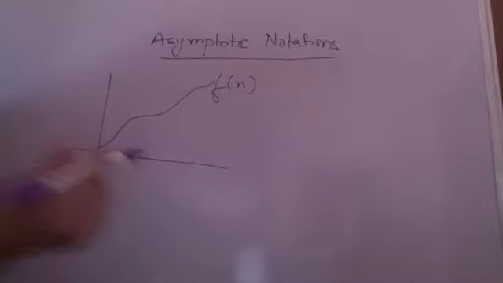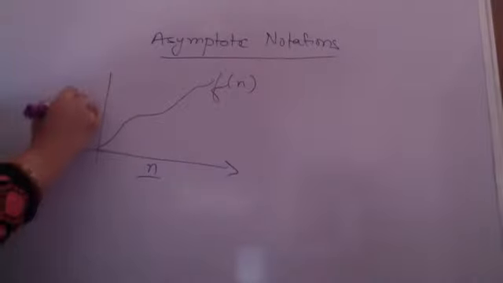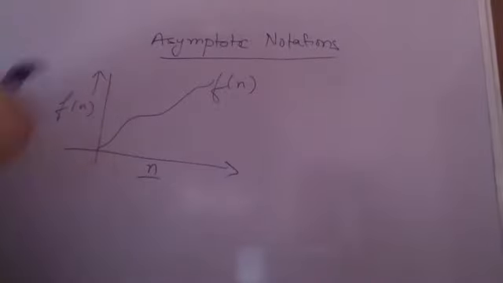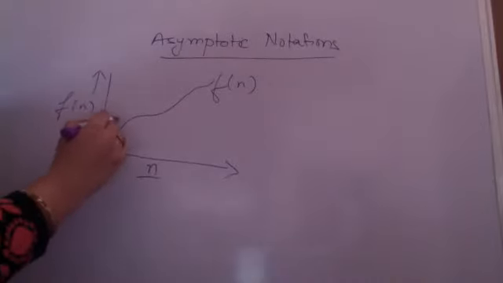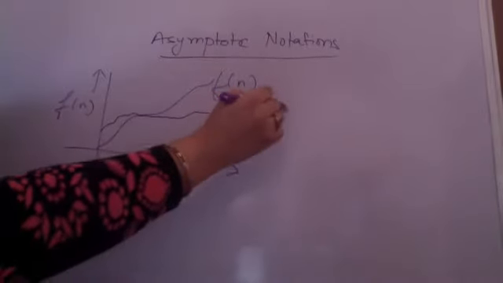So let's see, this is representing n and this is representing f of n, or g of n, or c of n, whatever we are having. So this is some function of n, this is n. Now suppose there is another function, g of n, which is initially greater than f of n, but after some point it is always less than f of n.